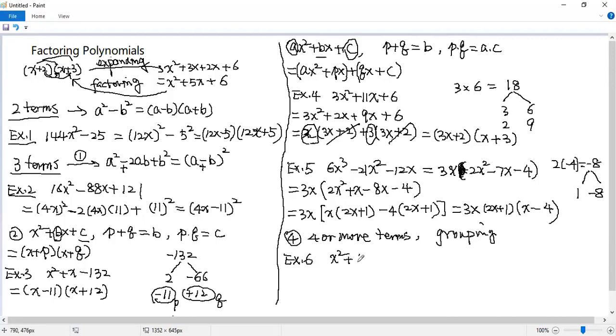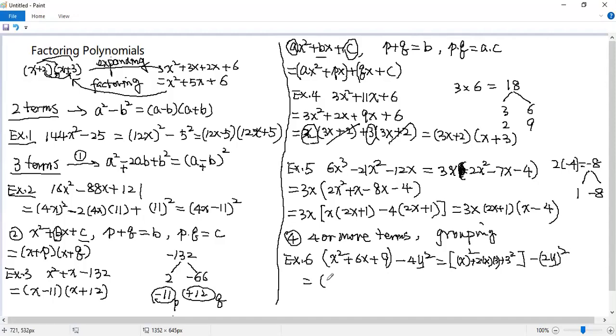x squared plus 6x plus 9 minus 4y squared. You can see the first three terms are actually a perfect square. So we group them. We can write it as x squared plus 2 times x times 3 plus 3 squared, and minus the last term, which is (2y) squared.